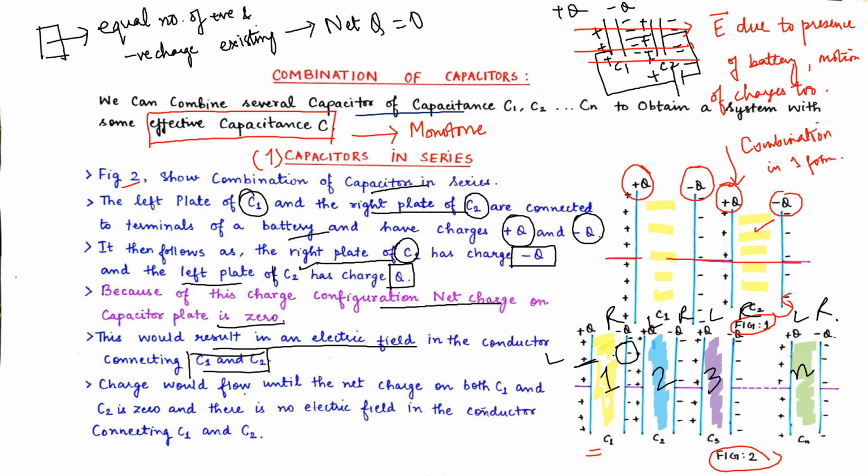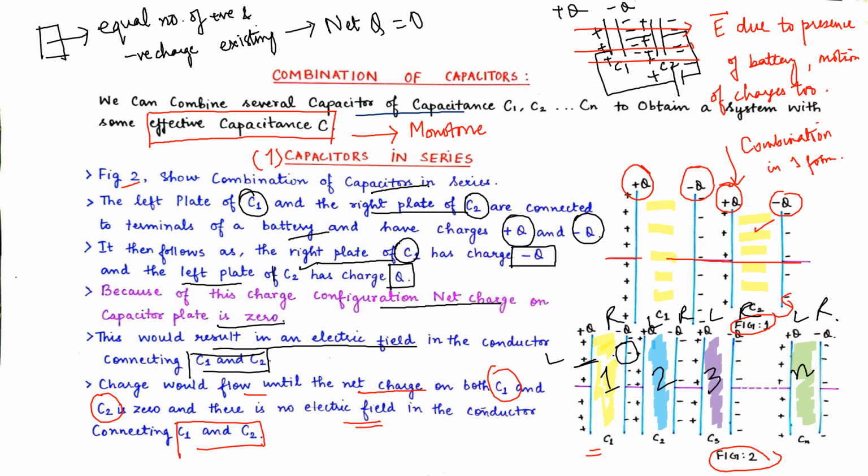Charge would flow until the net charge on both C1 and C2 is 0 and there is no electric field in the conductor connecting C1 and C2. So now there is some electric field that is being generated.